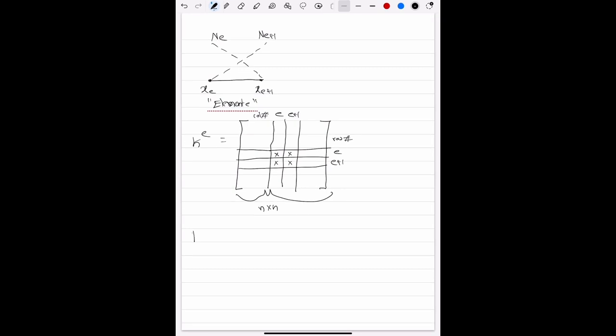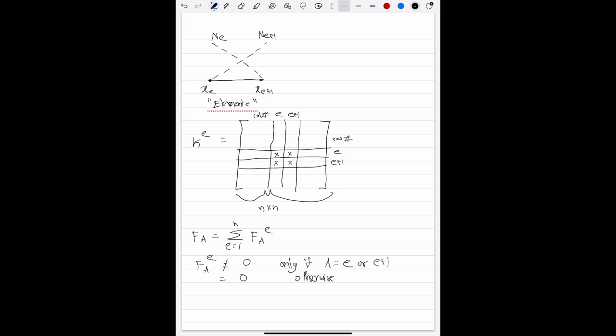Similarly, the forcing vector F^a can be written as the summation over all elements, ranging from element 1 all the way up to element n, of F^a_E. Here, F^a_E again is the contribution of element E to the forcing vector F, and this is also going to be non-zero only if A is either equal to E or E plus 1, and for all other values of A, this is going to be 0.